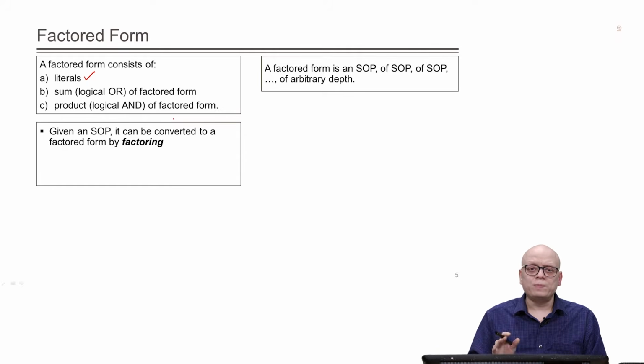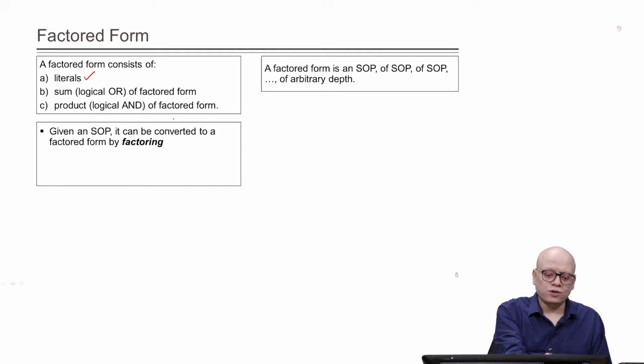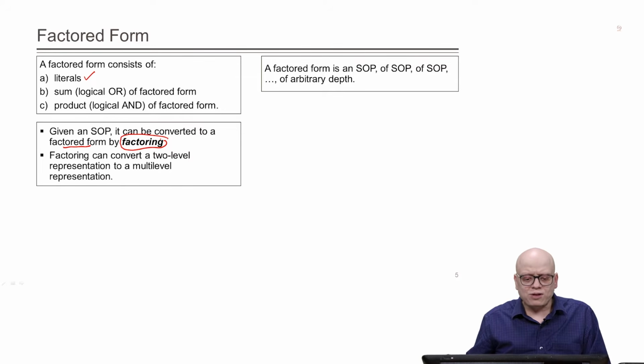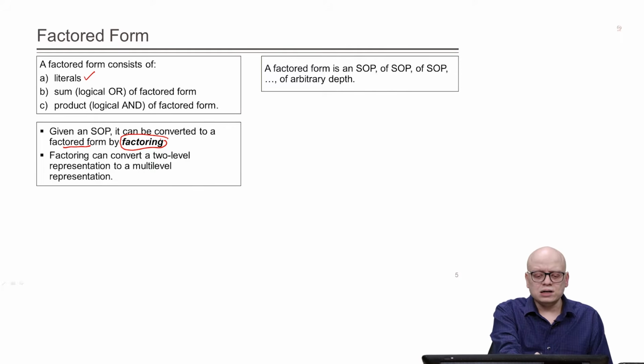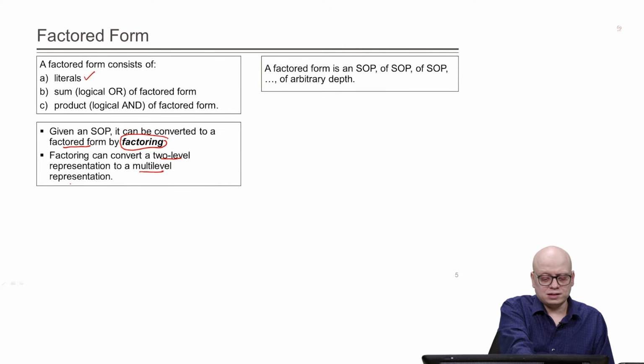Now, given an SOP expression, that is sum of a product representation of a logic function, that is two-level representation, we can obtain a factored form by the process which is known as factoring, right. So, what factoring does, it converts a two-level logic to multi-level representation. Okay.